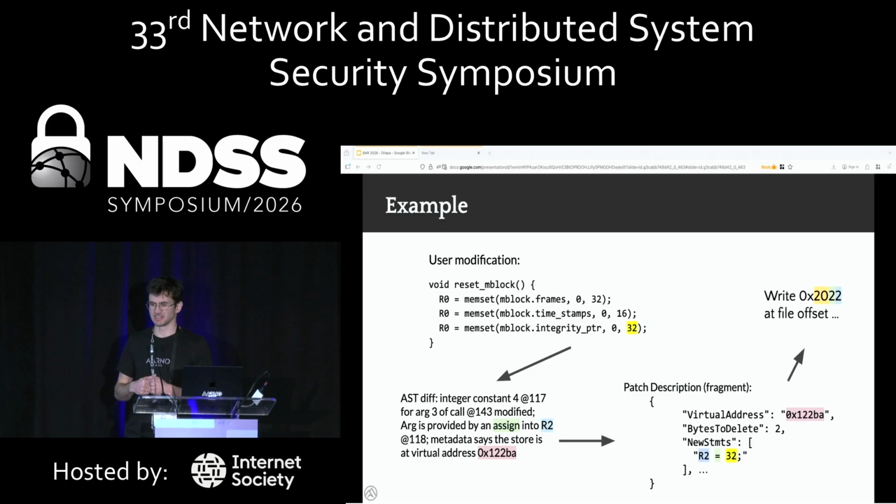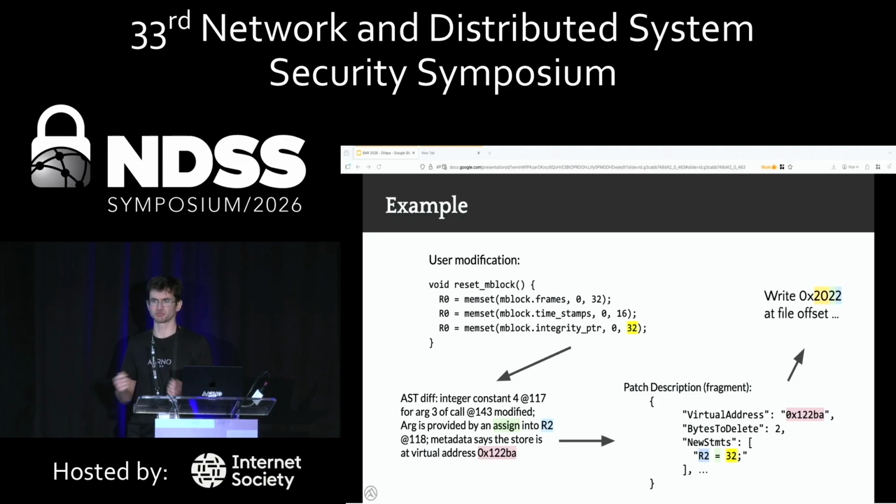So let's say the user modifies one particular sub-expression here. In the very last function call, they change the constant from 4 to 32. In this case, we would do a pairwise comparison of these ASTs and find that the first two function calls are identical in the ASTs, and in the last one, it's just the last argument that differs.